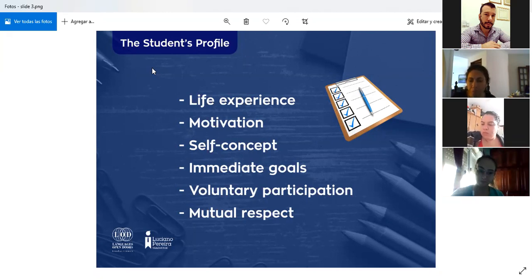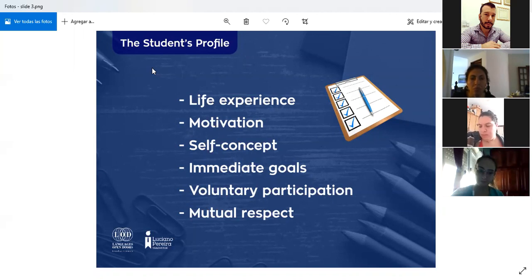But the challenge here is to maintain that motivation along this process, along this journey, which is learning the new language. Okay? This motivation perhaps may appear because of the need of learning the language, because of, I don't know, a possible job opportunity, or for academic purposes, or for travel, and so on.